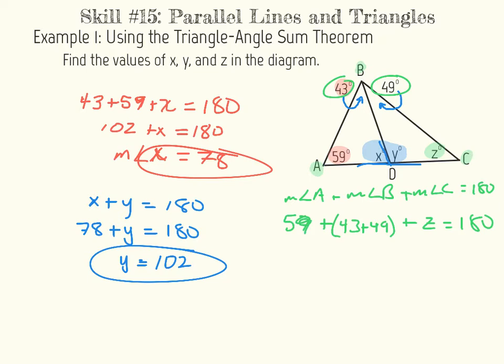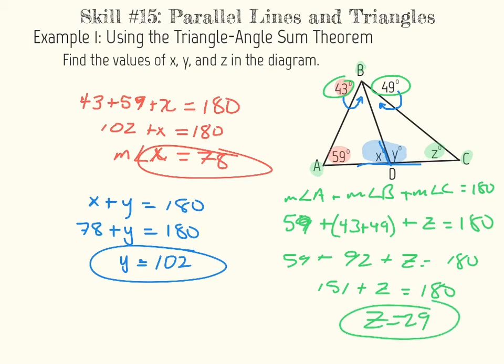Now when I simplify that, 59 plus 43 and 49 is 92, so 151 plus z equals 180. Subtract, z equals 29. So that would be your final answer.